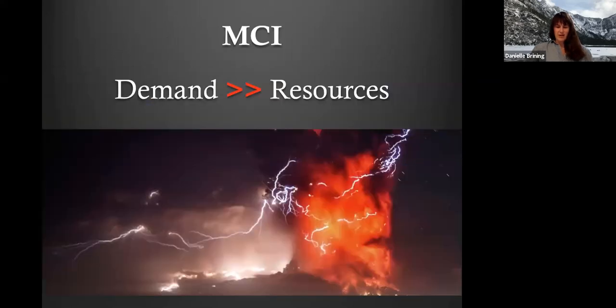We are going to talk about MCIs, specifically lightning, but we'll do a little bit about general MCIs, mass or multi-casualty incidents, where the demand is greater than the resources. Generally, this is 5 or more patients, but it's any incident where the resources are overwhelmed. This picture is actually of a volcanic eruption in Chile that produced lightning, which I thought was pretty cool.